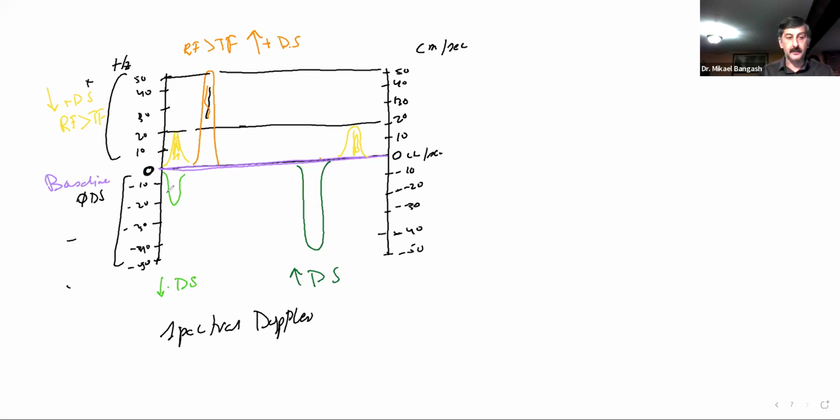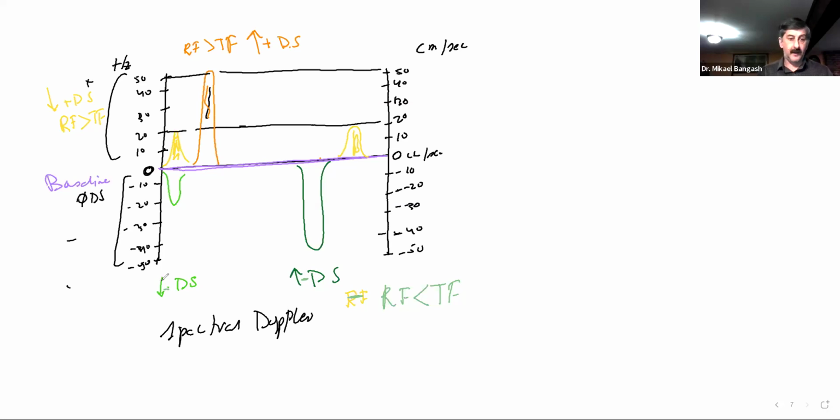Now, how does the system determine that? That's because in both these instances, the reflected frequency was lesser than the transmitted frequency. That makes them both negative Doppler shifts.